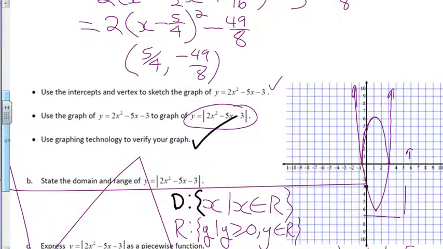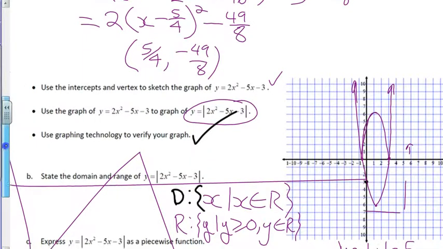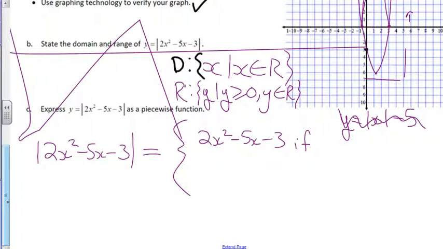it's positive, and it was positive if x is less than or equal to negative 1/2, or x is greater than or equal to 3.